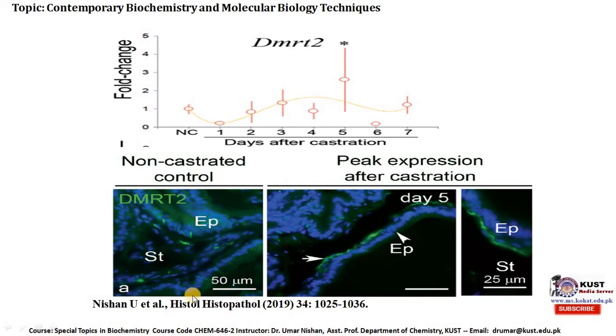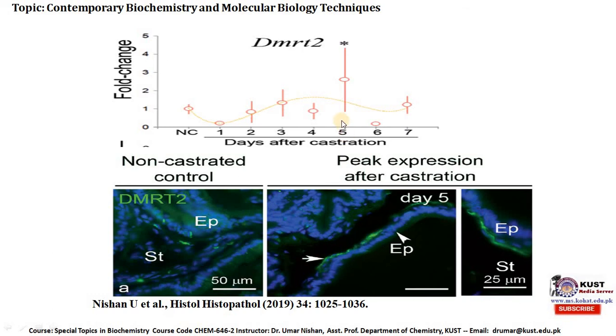This work has already been published in another journal called Histology and Histopathology in 2019, and you can read this complete paper from the internet. You can search it and you will be able to find it. If you want, I can share the complete paper with you.